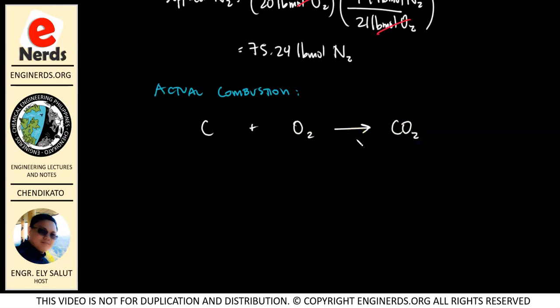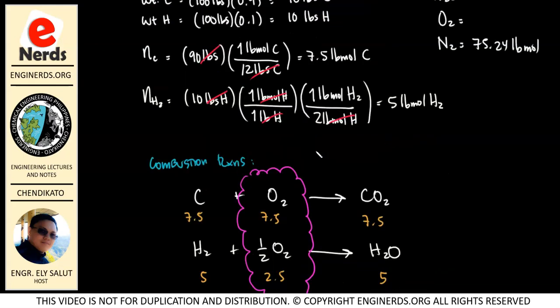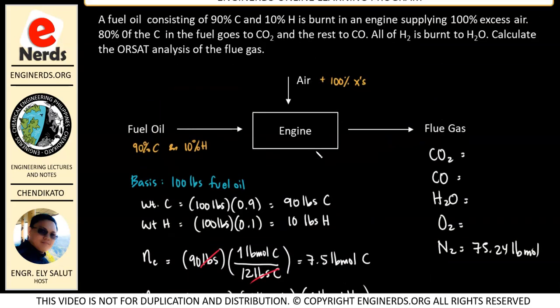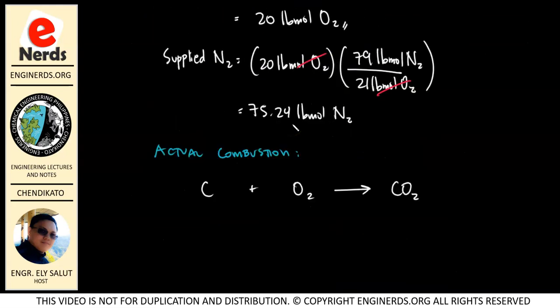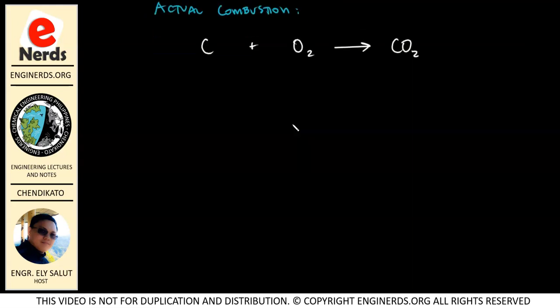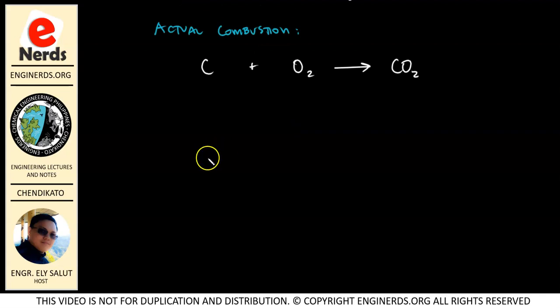We know that only 80% ng ating carbon is converted into CO2. Okay, so it's written here: 80% of carbon in the fuel goes to CO2. So, gaano karaming carbon ang na-convert sa CO2?